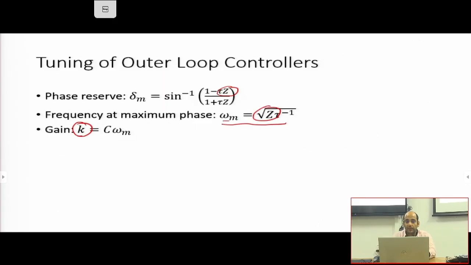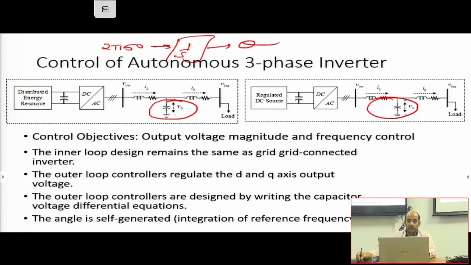The same thing will happen here. There is one current from the inverter, there is the current drawn by the load, and the difference will either charge or discharge the capacitor. So the concept would remain the same, right? The only thing is, there we did VDC reference minus VDC. Here what we'll do is VOD reference minus VOD, or VOQ reference minus VOQ. But the overall design would remain the same.